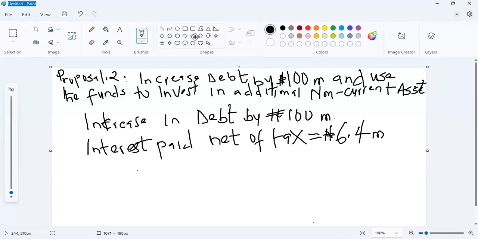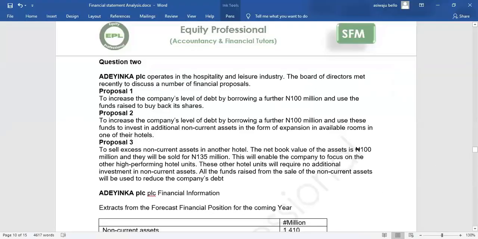Now, what are we using the 100 million for? We are going to use the 100 million for additional investment in non-current assets. Now let's look at the rule on investment. Look at the last paragraph, please.